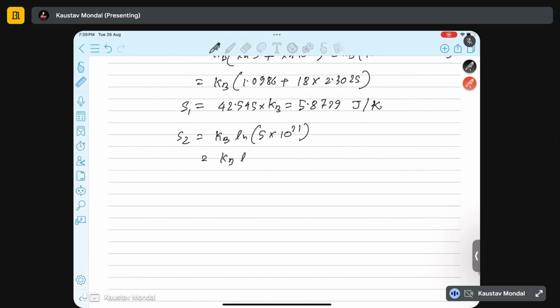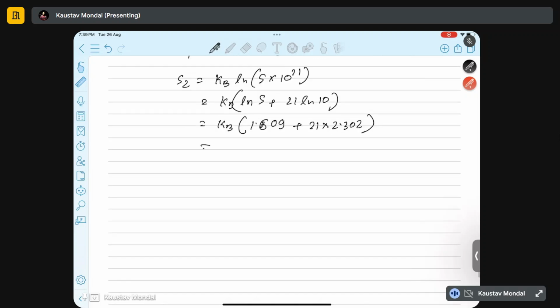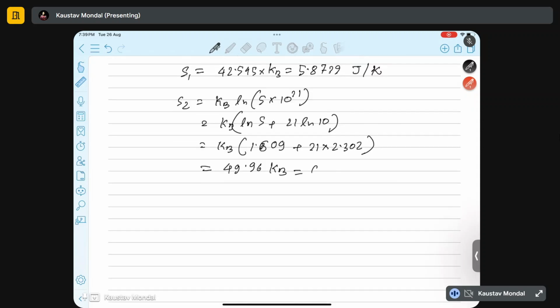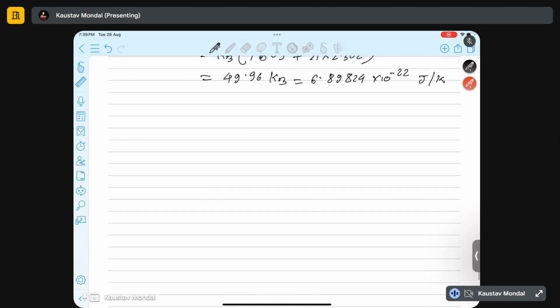So Kb into ln 5 plus 21 into ln 10, where ln 5 gives 1.609 plus 21 into 2.302. Doing the calculation, it gives 49.96 Kb. Multiplying by the Boltzmann constant gives something around 6.89824 into 10 to the power minus 22 joule per Kelvin. So S1 and S2 we got here.